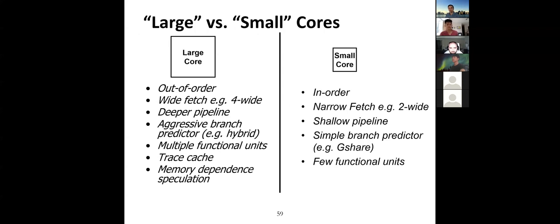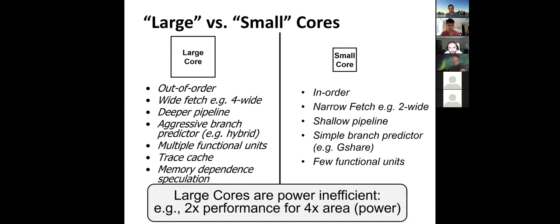So there's this trade-off between large out-of-order cores versus small in-order cores, and large cores are power inefficient. The usual rule of thumb is you get 2x performance for 4x area and power. That's the trade-off.